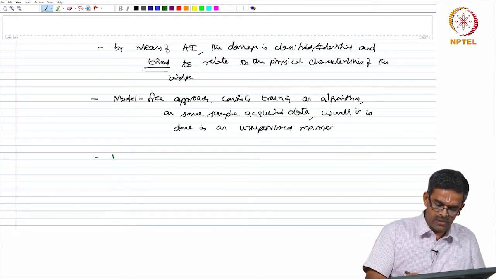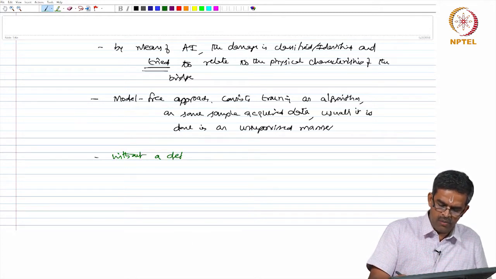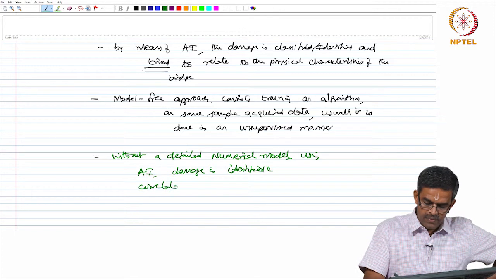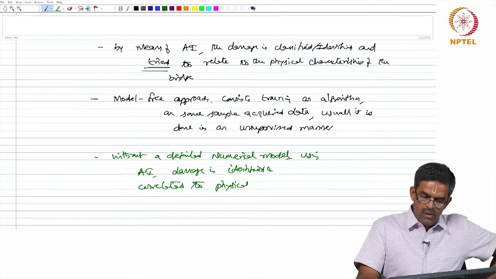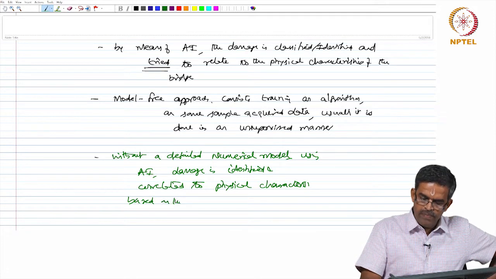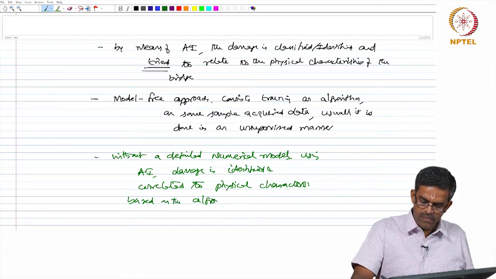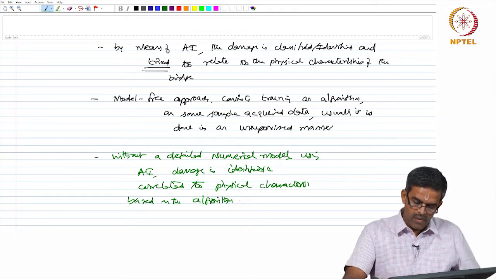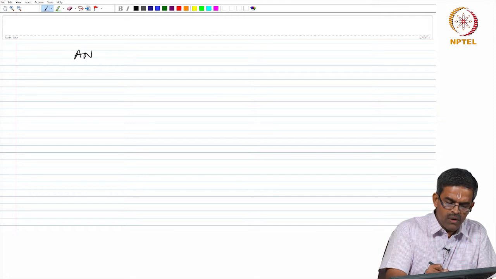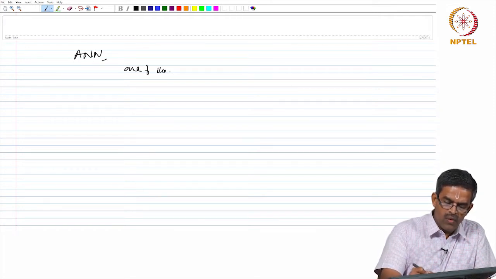So, the advantage in this case is that, without a detailed numerical model, using artificial intelligence, damage is identified and correlated to physical characteristics based on the algorithm trained on sample data.